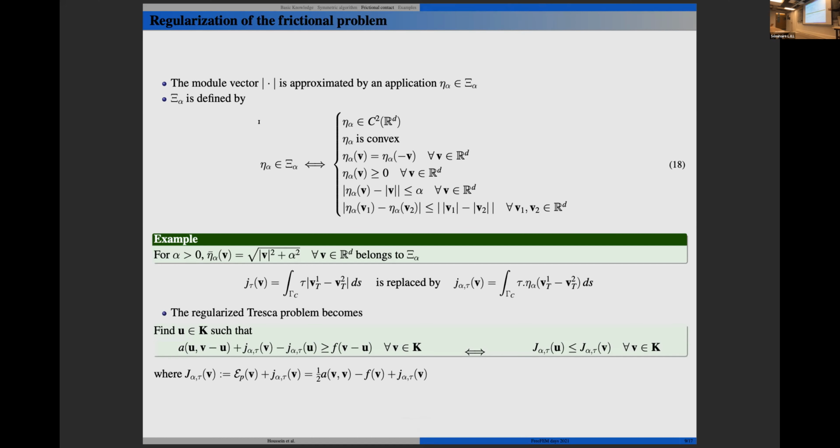Also, we can define our regularized Tresca problem: the same minimization problem as before, but this functional is replaced by this one, where the modulus of the vector is replaced by this regularized function.